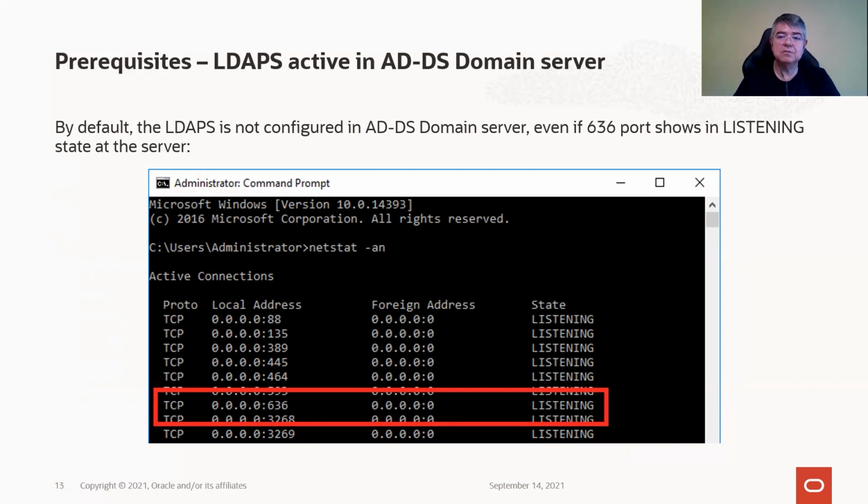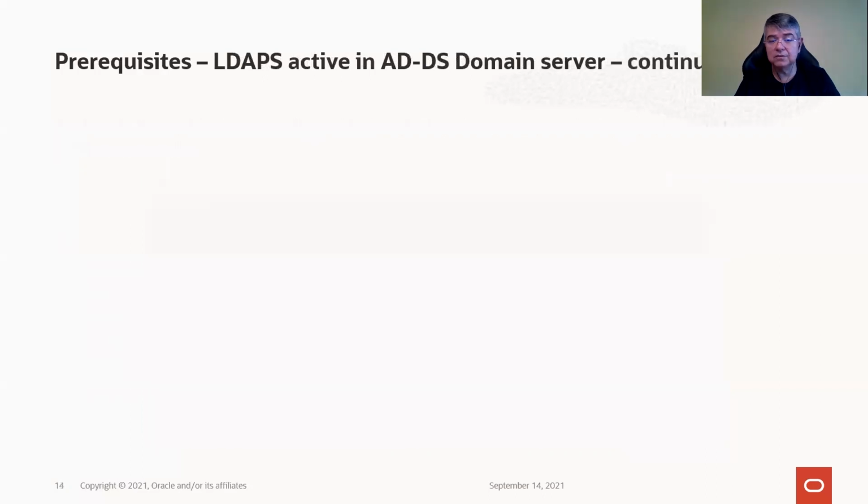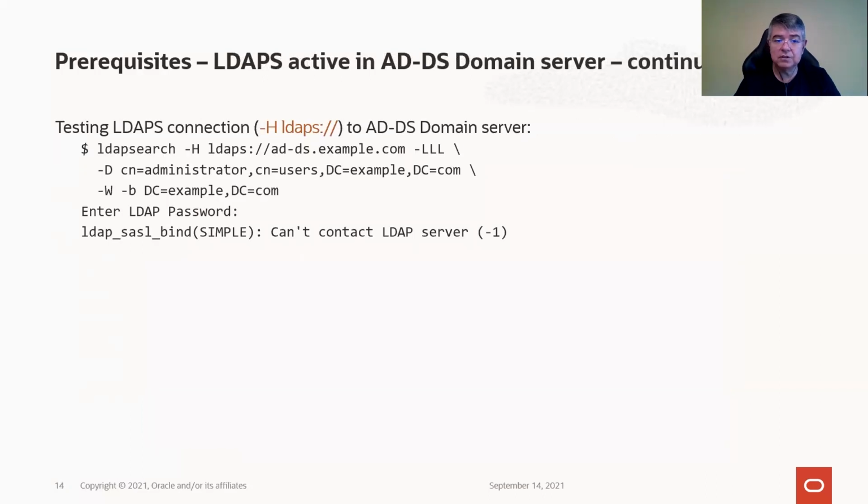Even having this port available in listening state, if I try to connect to this port, it's not going to answer. It's available, it's there, but it's not feasible for you to connect. You can't connect to the server using LDAPS.